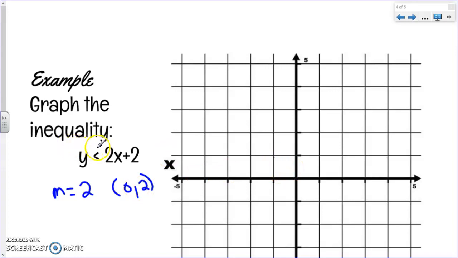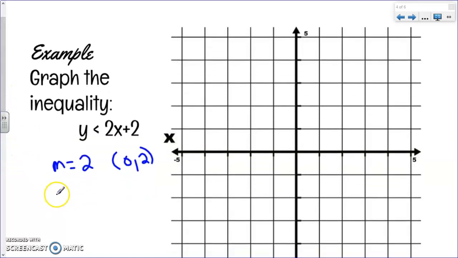Now we have less than, and it's not equal to. Since it is less than, I'm going to shade below the line, and since it is not equal to, I'm going to have a dashed line.